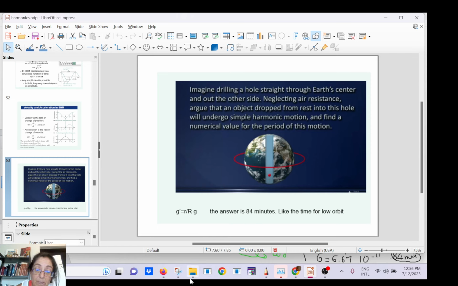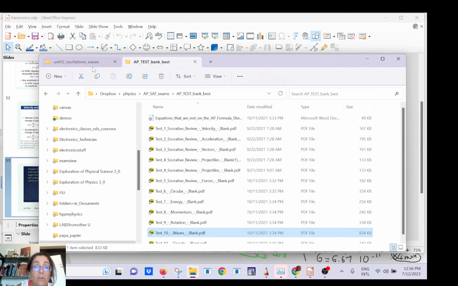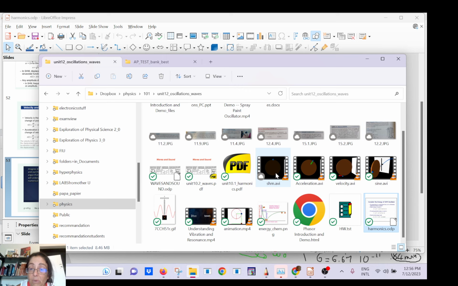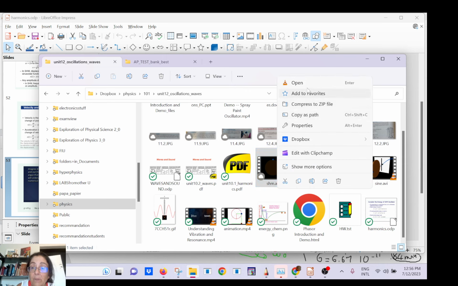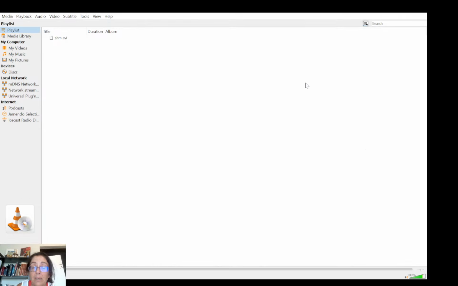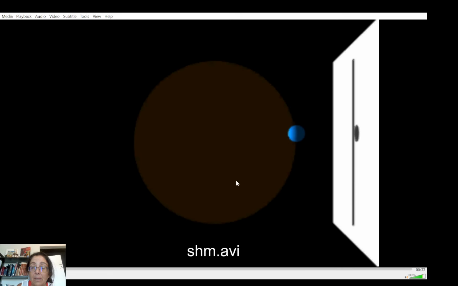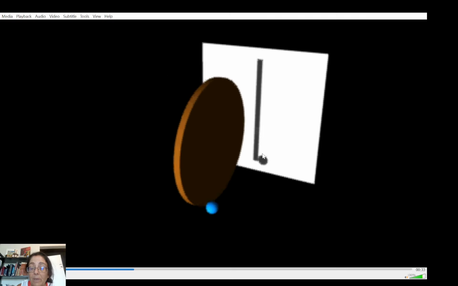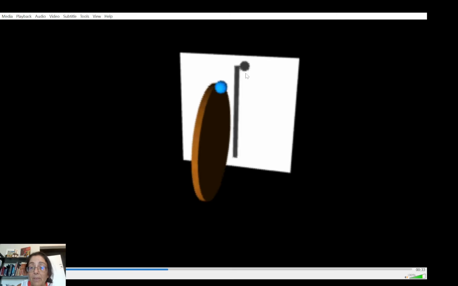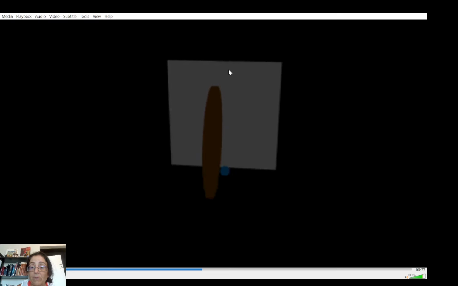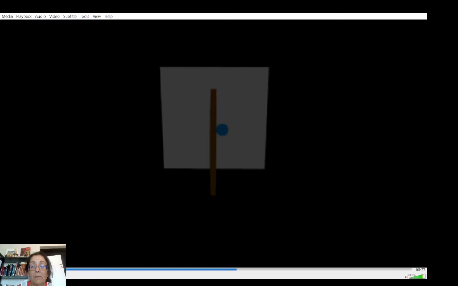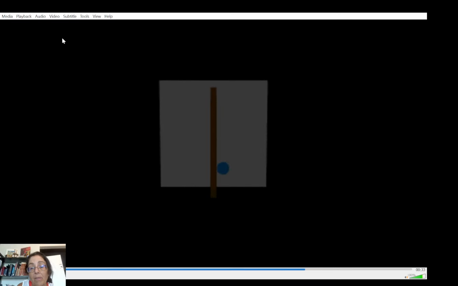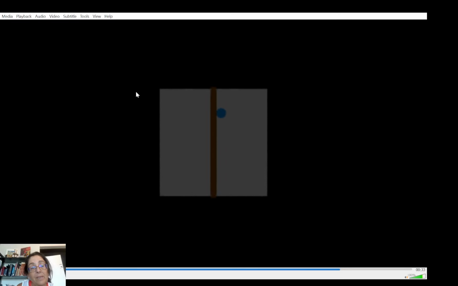And actually, that's what we discussed together, because if you go back to the simulation, this one here, for example, you see the time it takes for a satellite to go around the Earth is 84 minutes. It will be the same time that it takes if you fall in a tunnel inside the Earth to go back to the surface of the Earth. So it's a nice way to see how math is serving physics, right?